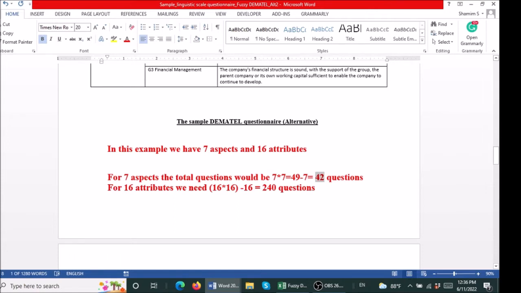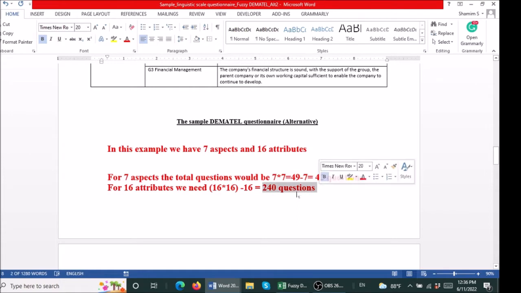So that's why we are removing the 7 self-related questions. Okay, so then if we have 16 attributes, for 16 attributes we need 240 questions total.